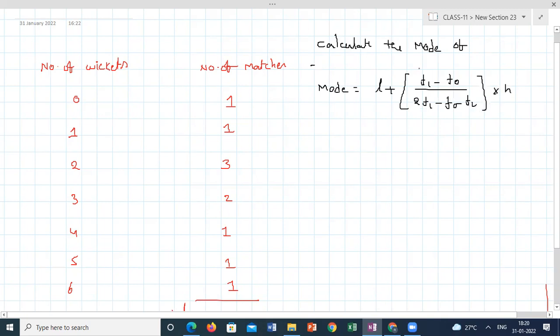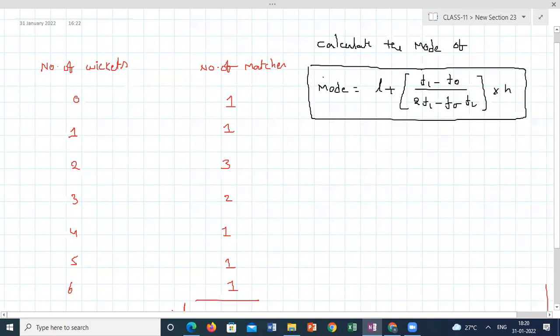This is a fixed formula. Derivation and all we will discuss in grade 11. As of now, we will just learn the formula. So there are 5 parameters. What are these 5 parameters? That is important. I will write all 5 parameters here and explain them in relation to the data.